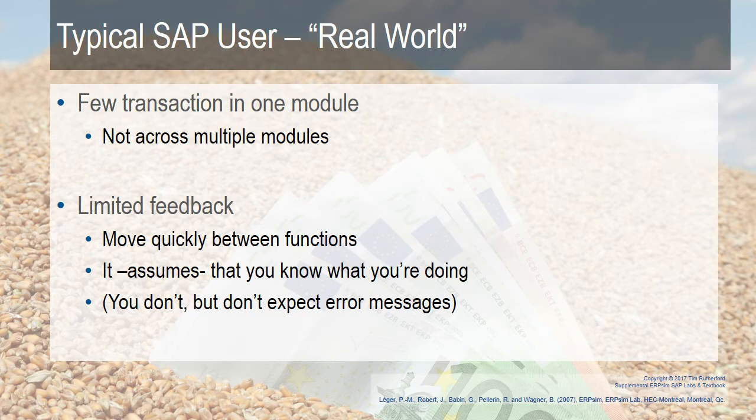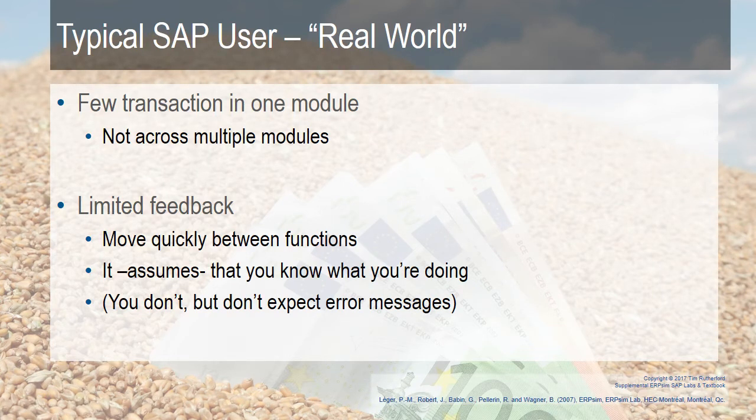They want to move quickly through their transaction because they know what they're doing. So they're running the same thing over and over and over, and you're only doing it once. You may say, well, it sure would be great if it gave me feedback. And they're saying, well, that's just going to slow me down. So there's very limited feedback as you're running these transactions. They're expecting you to want to move quickly between the different functions, and it assumes you know what you're doing.